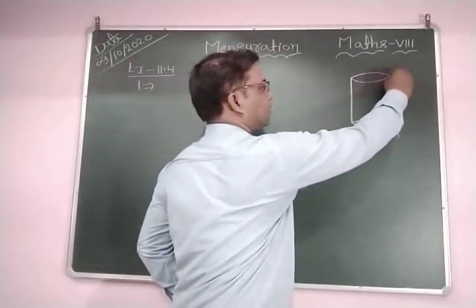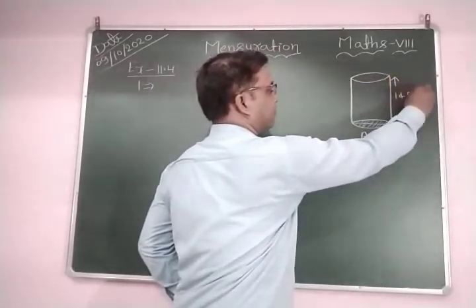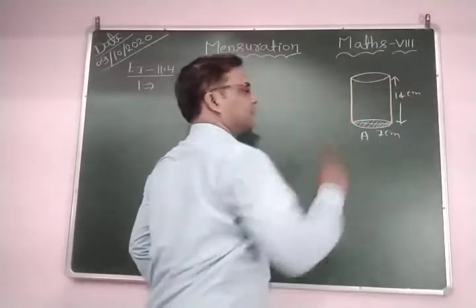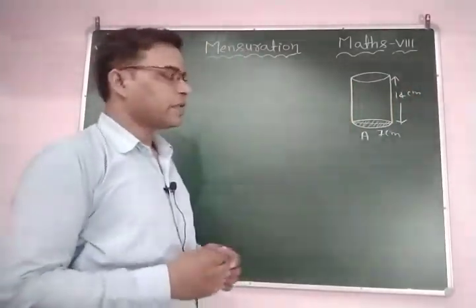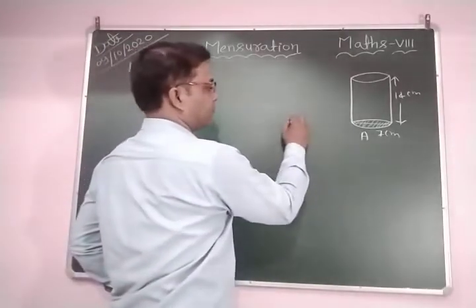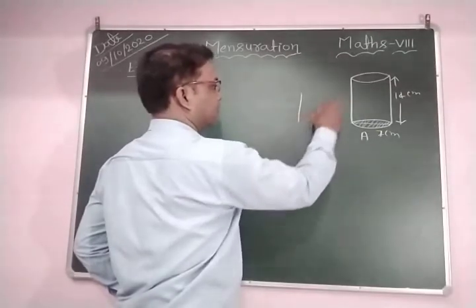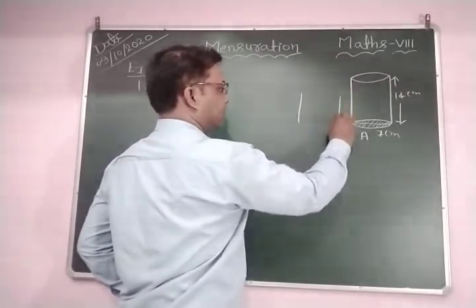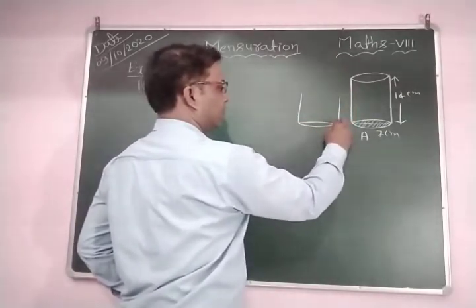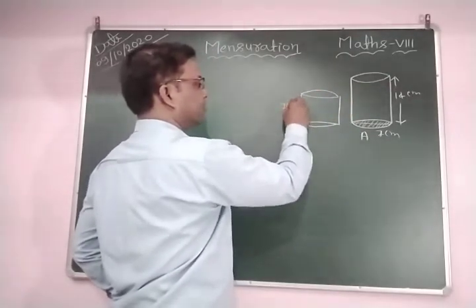This is the first figure, cylinder A, and the second cylinder is also given. Its diameter is 14 centimeters and its height is 7 centimeters.